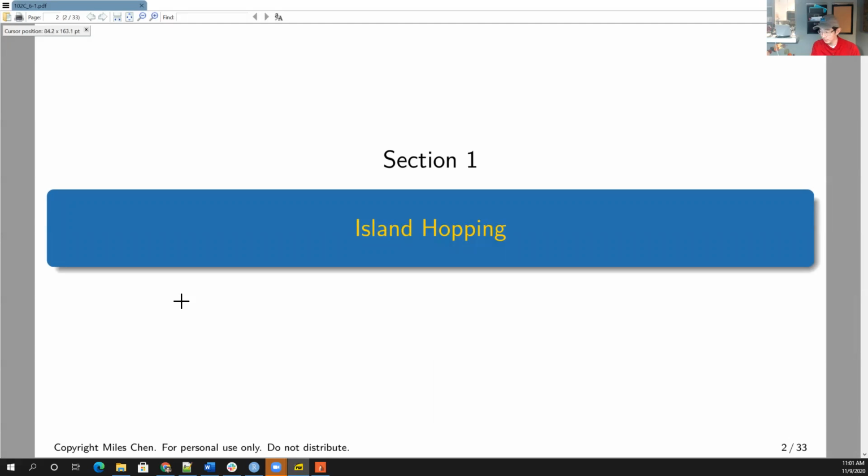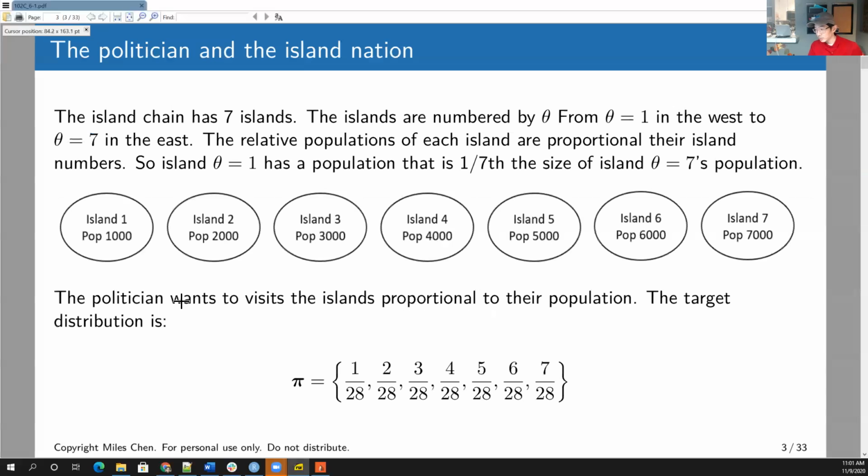We'll get started here. Let's take a look at the island hopping example again, the example we looked at Friday. We have an island chain with seven islands, and this politician wants to visit the islands proportional to their populations.